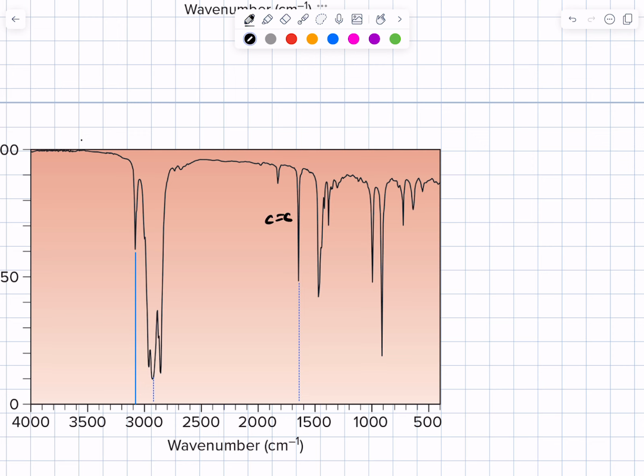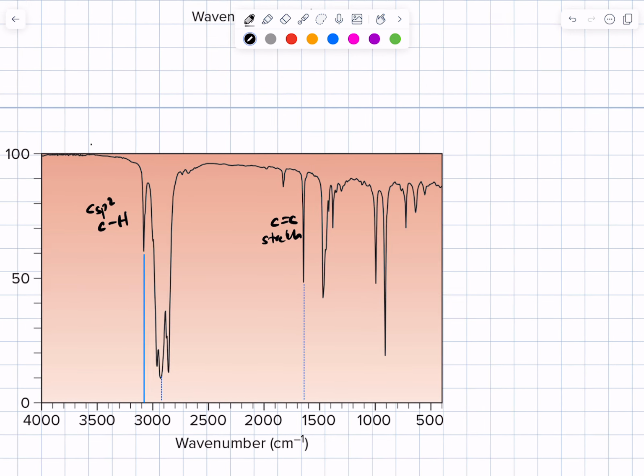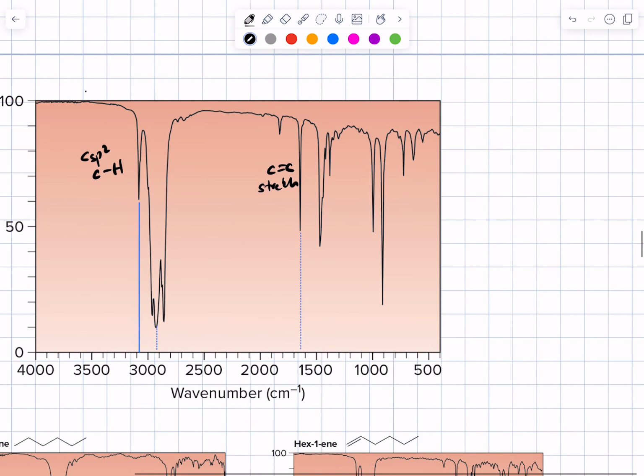You've got a carbon-carbon double bond type stretch where you would expect it. And then you also have an sp2 hybridized carbon hydrogen stretch at around 3,100 inverse centimeters, in addition to the characteristic sp3 carbon hydrogen stretch.